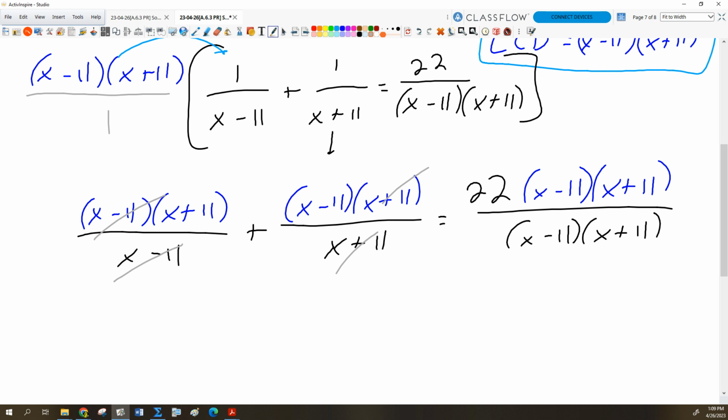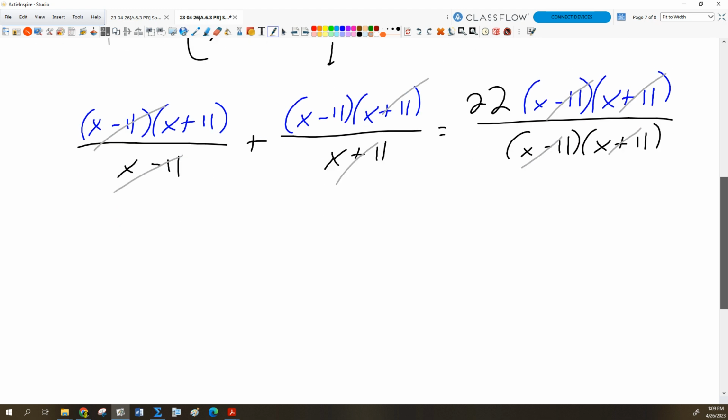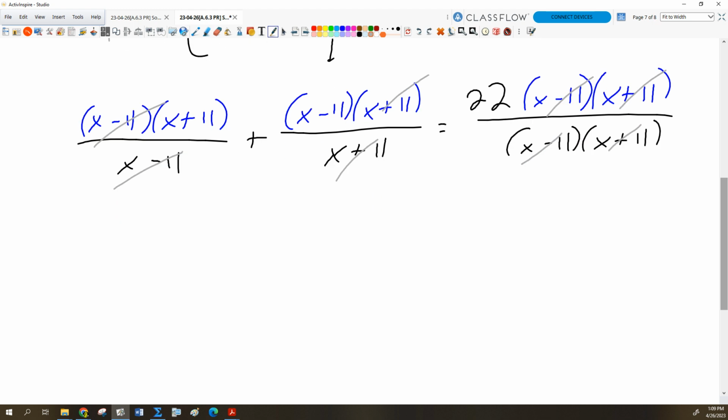And you guys are about to tell me that everything cancels except the 22, right? So then look what happens. We get a simple equation coming out of that. What's left here? The only thing left is x plus 11 plus what's left here?